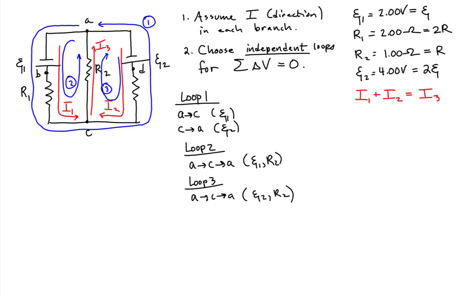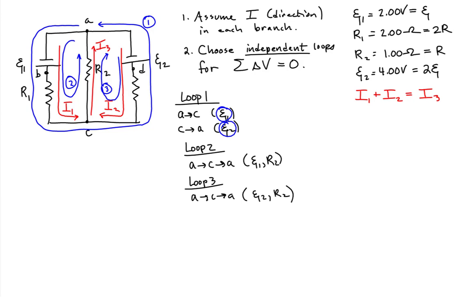So if we choose loop 1 as one of our independent loops, notice how it contains both batteries, but not resistor 2. If we look at loop 2 as one of our independent loops, it contains one battery and resistor 2. So let's look at what we have. Loop 1 contains both batteries.